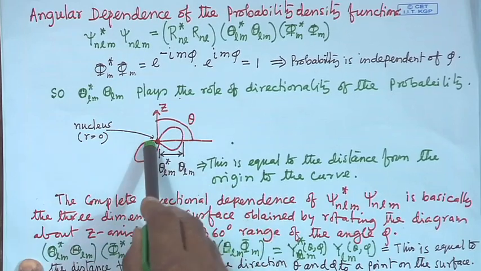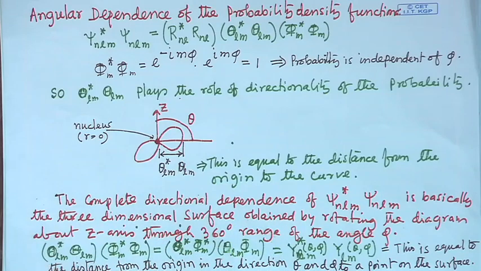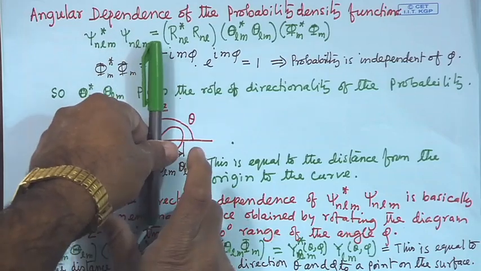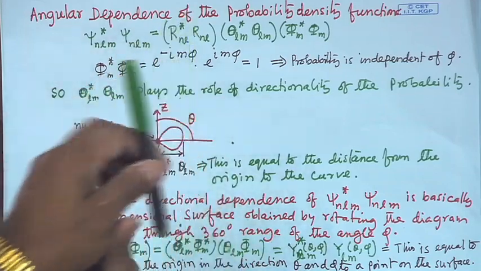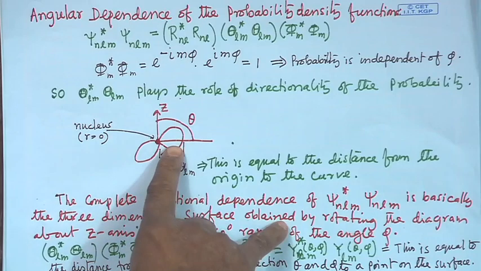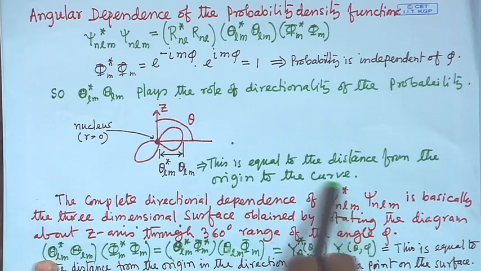Since it is independent of phi, if you rotate it about the z axis, you get the 3-dimensional view, with theta and phi dependence. That is the complete directional dependence of the wave function.